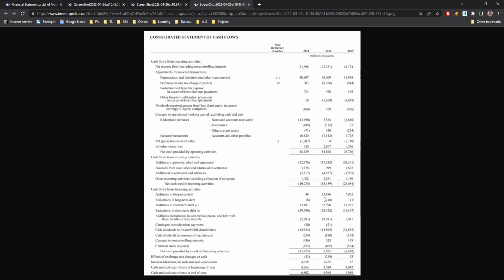And apart from that, that's the number, 23,186. Okay, this is the long-term one, right? So that is the long-term debt that the company is taking. That is significantly different from the previous and the next year. You see, this one and this one. And the short-term debt is also slightly higher, almost like roughly 80-90%.